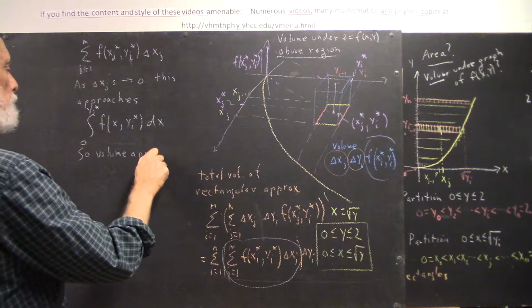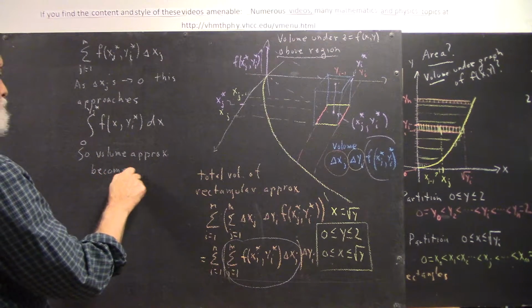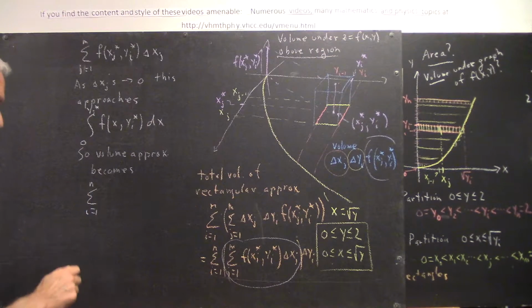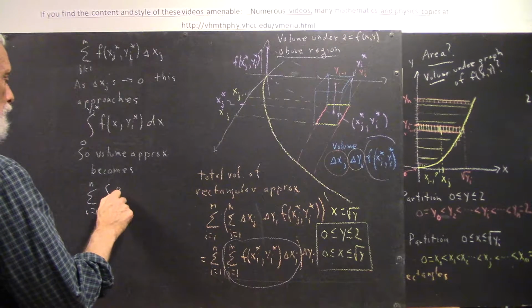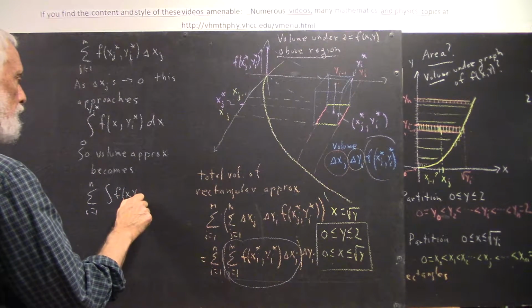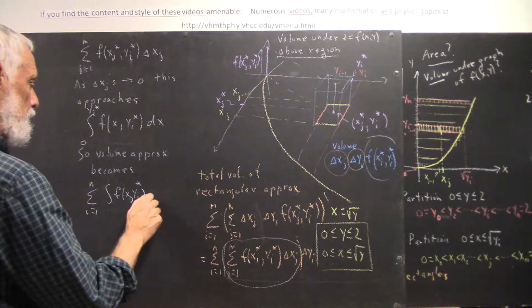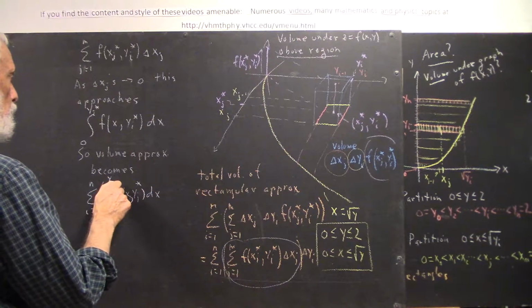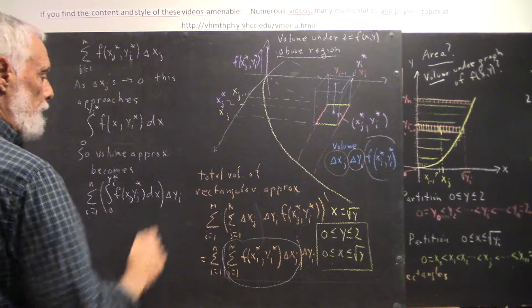So your volume approximation becomes the sum from i equals 1 to n of the integral of f of x, yi star dx from 0 to the square root of yi star, and then times delta y sub i.